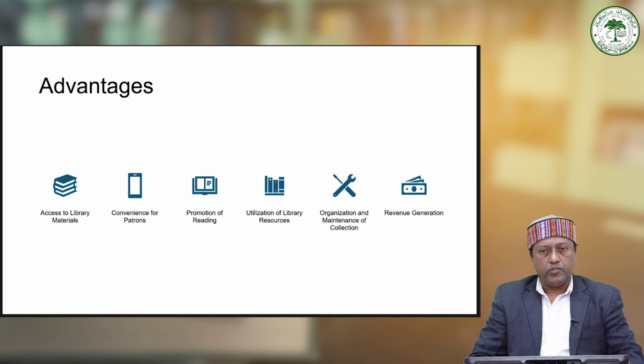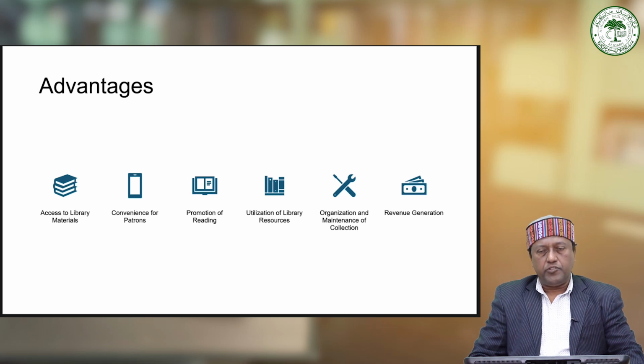Then number two, another big advantage is the convenience for patrons. By allowing patrons to borrow materials for home use, the circulation section provides convenience and flexibility, accommodating the busy schedule and diverse needs of the library users.